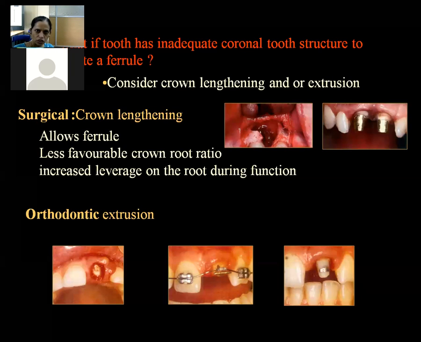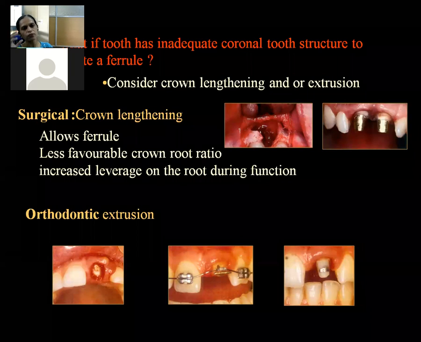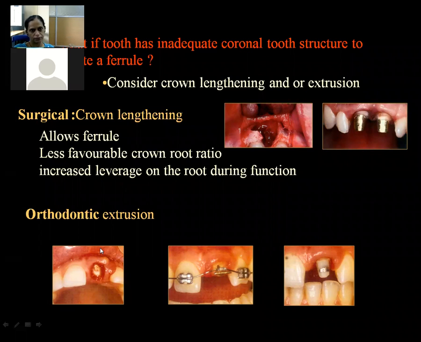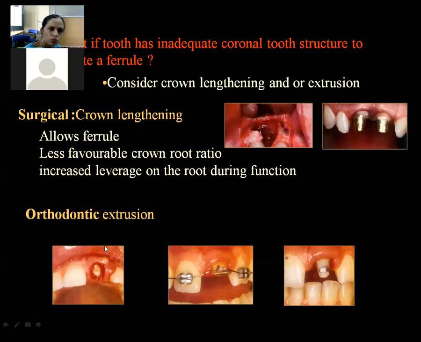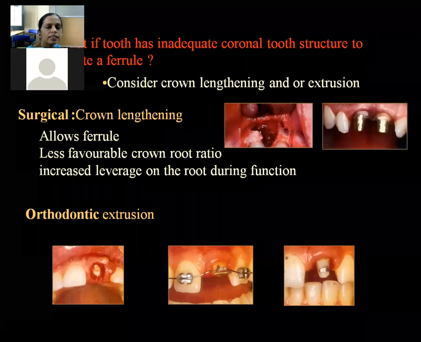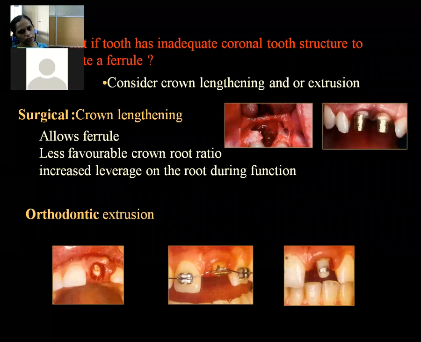One way is surgical extrusion of the tooth slightly out of the socket, or orthodontic extrusion. You can also do crown lengthening. So if sufficient coronal structure is not there for giving a ferrule, you can do crown lengthening, surgical extrusion, or orthodontic extrusion.